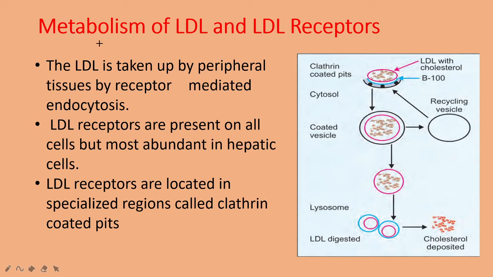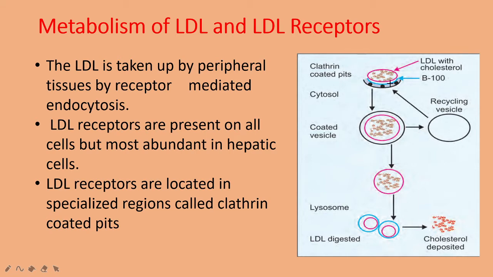The intracellular domain is responsible for clustering of these LDL receptors into a region of the plasma membrane called coated pits. You have to know what is meant by clathrin coated pits. These are the domains responsible for clustering, bringing all the LDL receptors together in a particular region of the plasma membrane.